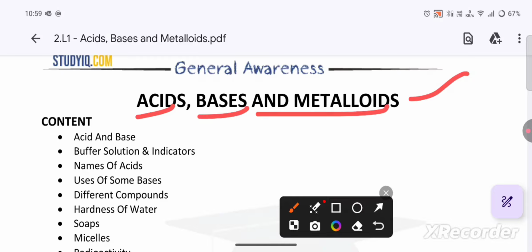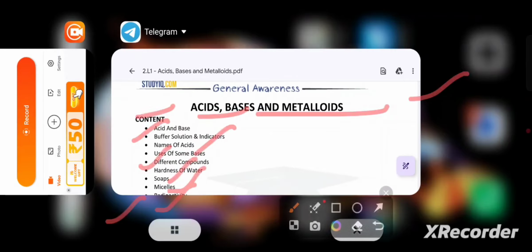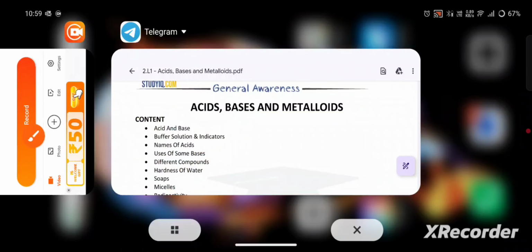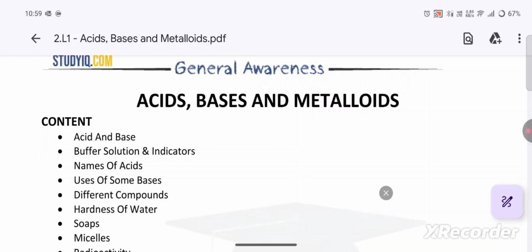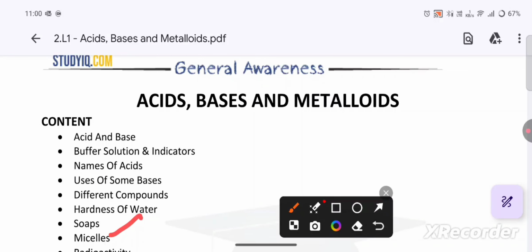In this topic we will cover acids and bases, buffer solutions and indicators, names of the acids, uses of some bases, different compounds, hardness of water, soap, miscellaneous, etc.